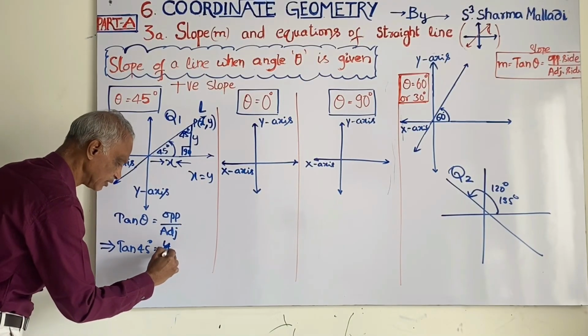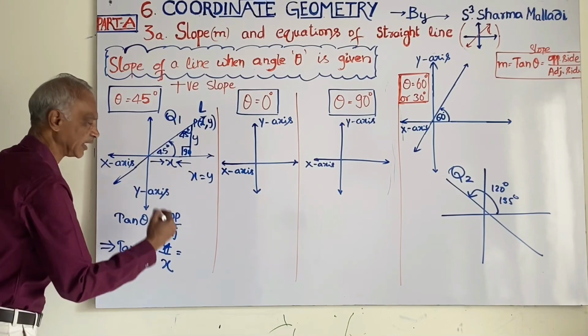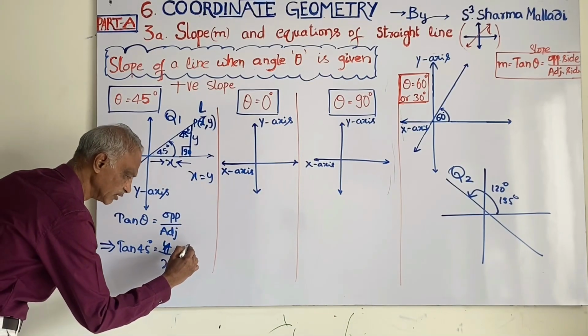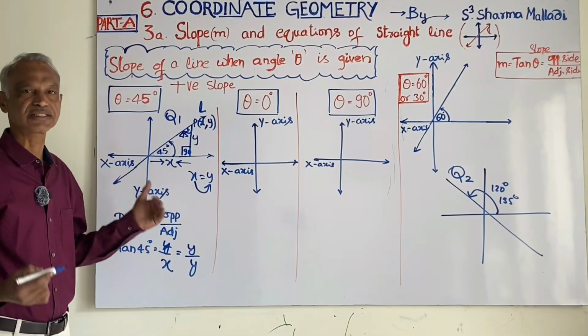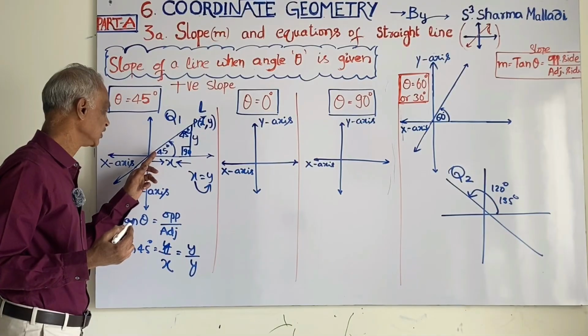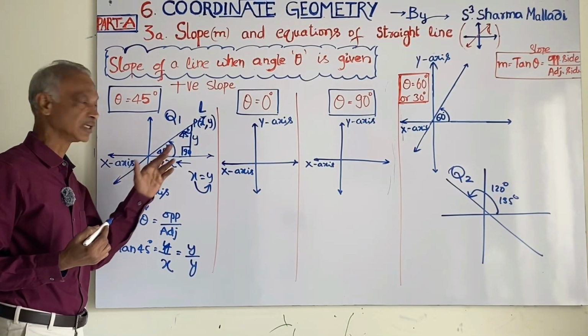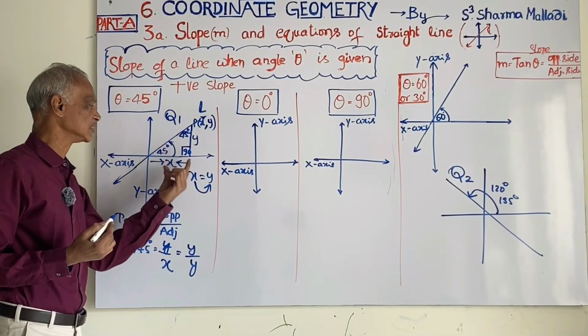Now y is equal to x, or x is equal to y, because x and y are equal to each other. Because if this angle is 45 degrees, automatically the other will be 45 degrees. Sides opposite to equal angles are equal.